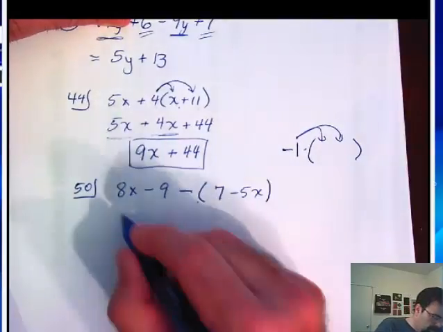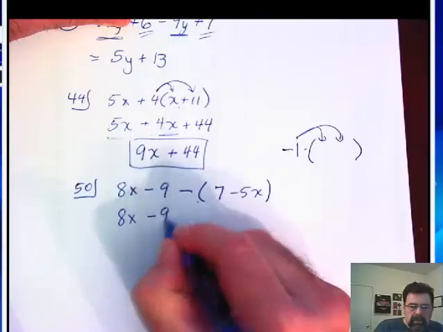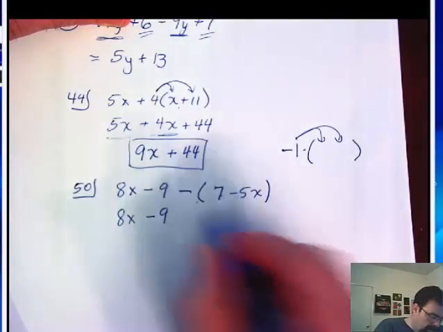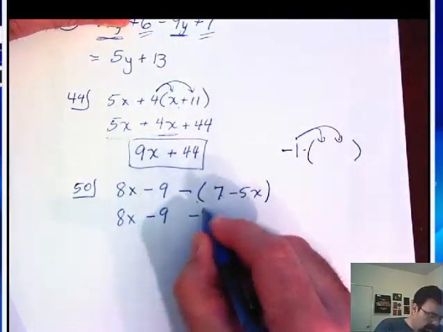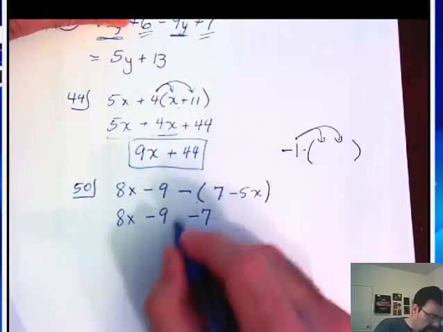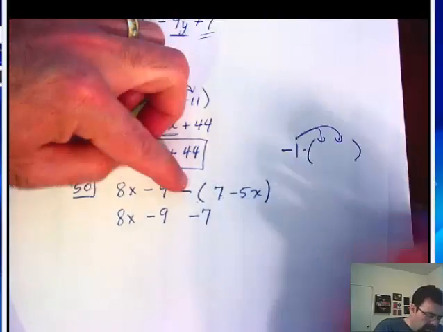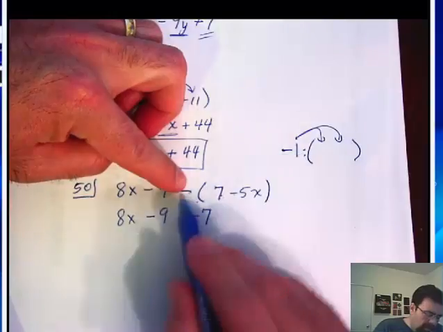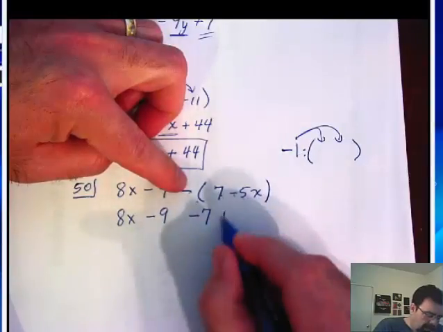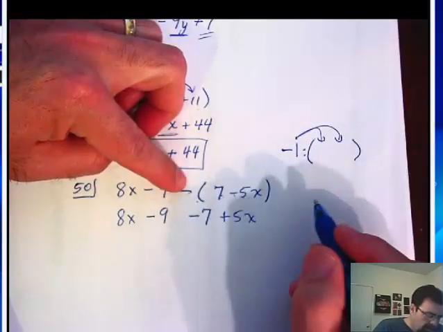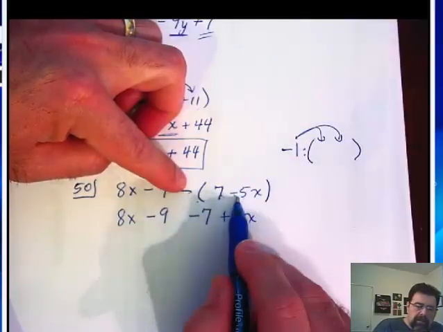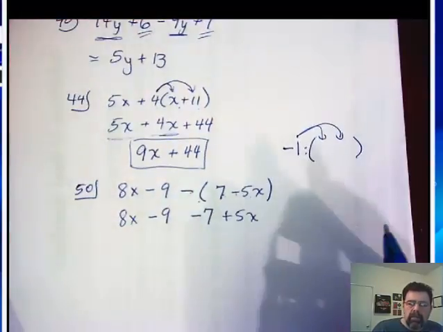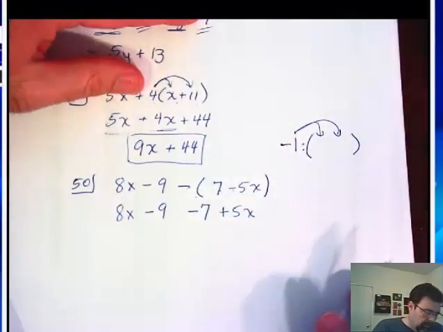Either way, I say just distribute the minus sign, meaning I'm going to take this positive 7 and it's going to become negative 7. And whether I write the plus here or not, it's there. Then minus, so if I think of it as negative 1 times negative 5x is positive 5x. If I think of it as just change the sign, this is negative 5x, it becomes positive 5x. So either way, you should end up with this result.